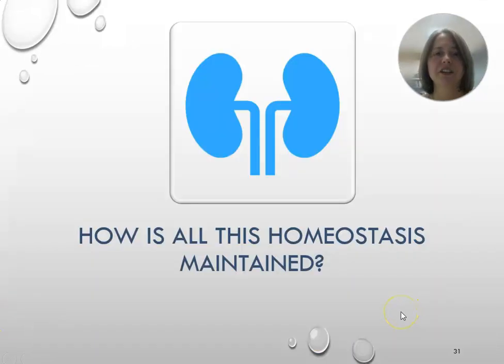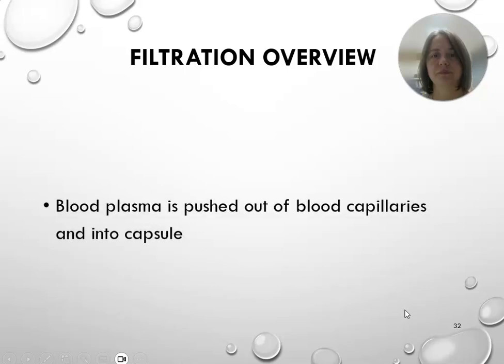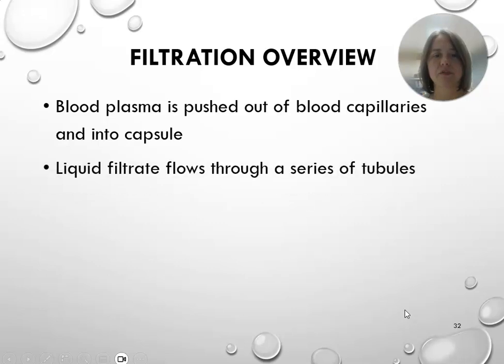So you're probably asking yourself, great, we have ion and pH and osmolarity and blood pressure homeostasis, but how do your kidneys maintain this homeostasis? Good question. The blood plasma is filtered in the kidneys. So let's go through the overview of filtration. Blood plasma is pushed out of the blood capillaries and into a capsule.